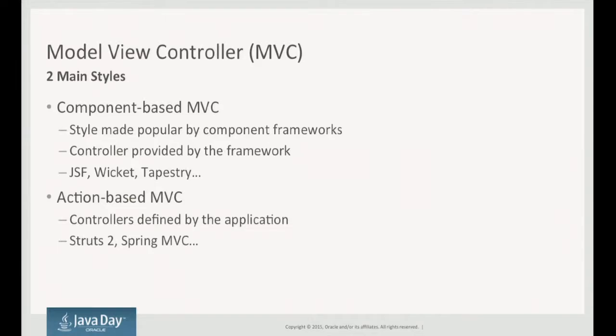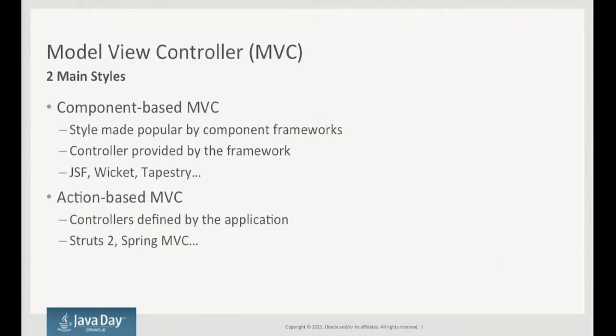Another web tier technology that our survey revealed to be quite important to the community was support for action-based MVC. So we currently have a component-based MVC framework in the form of JSF. In a component-based MVC framework, it's the framework itself that is serving as the controller for the model view controller.